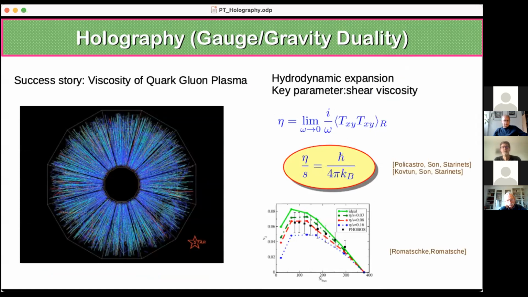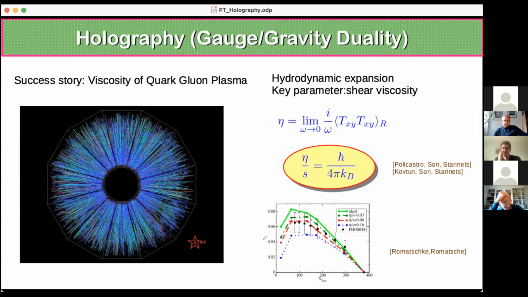That allows you to compute this correlator by applying this recipe, and this correlator allows you to calculate a transport coefficient for the dual quantum field theory at finite temperature. Here, it's the shear viscosity.